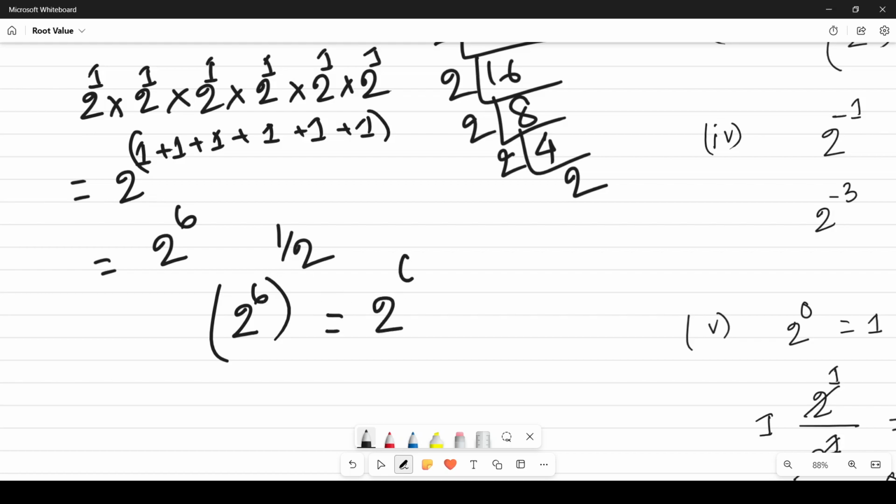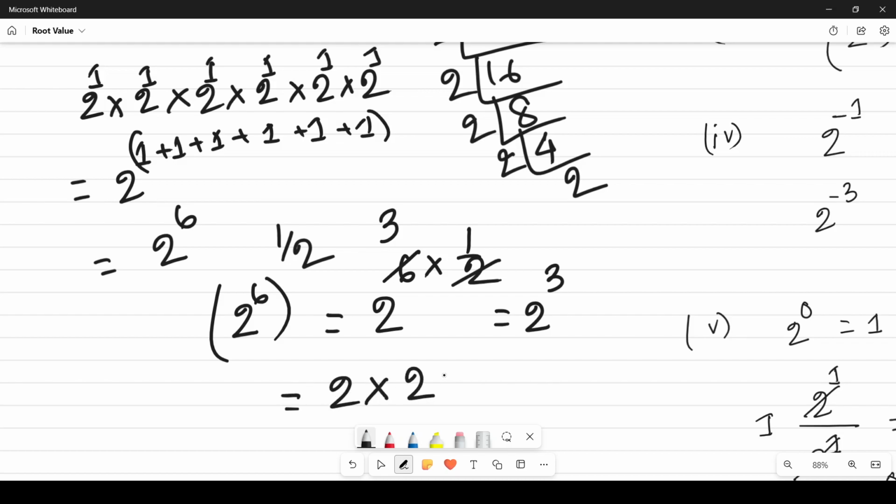So it will be 6 into half. This 2 and 6 will cross off and we'll have 3. So we'll get 2 to the power 3. What is 2 to the power 3? It is 2 multiplied by 2 multiplied by 2, which is 2 multiplied by 2 is 4. 4 multiplied by 2 is 8.